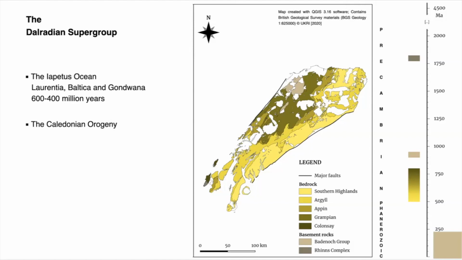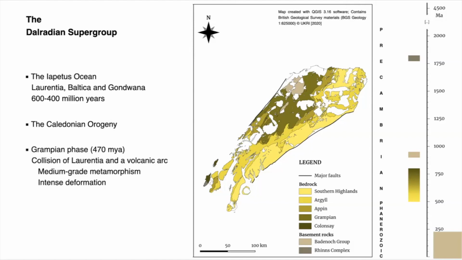The first was the Grampian event, which was caused after a volcanic arc terrane separated from Gondwana crossed the closing Iapetus Ocean from one side to the other and collided with the margin of Laurentia. The portion of the Laurentian margin where this volcanic arc collided was exactly the Grampian terrane.